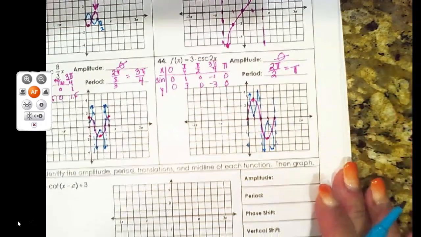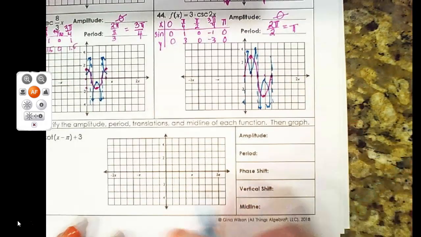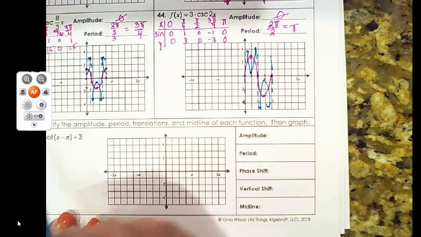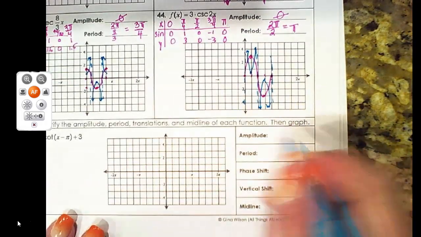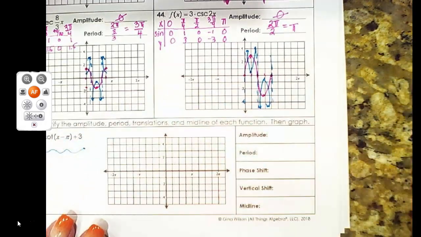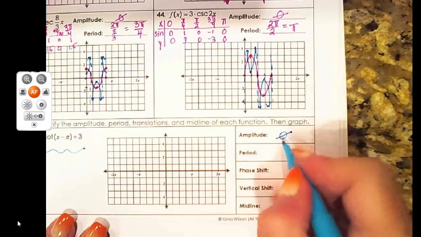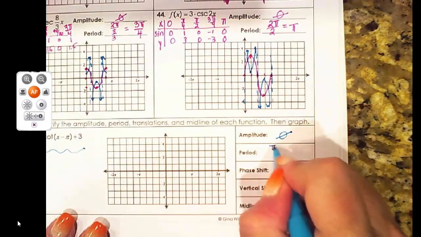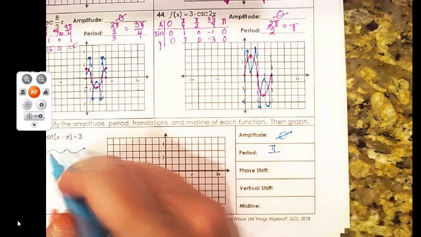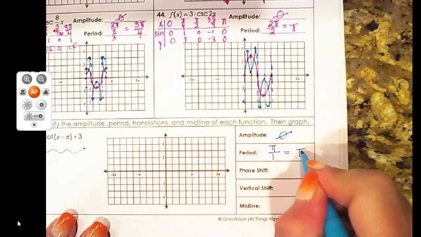All right, I'm going to go ahead and do these graphing problems as well. So we've got cotangent, which I don't have to graph. I'm just looking at the equation to find the results. Cotangent, I know, has no amplitude. The period is going to be pi divided by b, and there's no b value here, so pi divided by 1 is just pi.